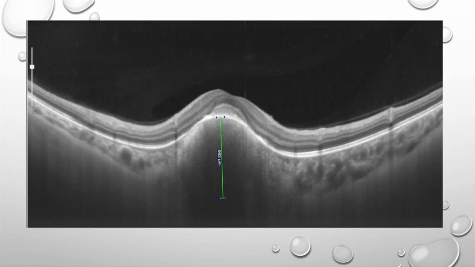So this is the B scan picture. It is showing a retinochoroidal elevation with hyperreflective subretinal deposits. The height of the lesion was measured to be just slightly short of 1 millimeter.